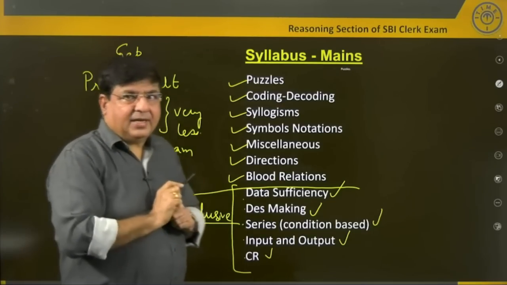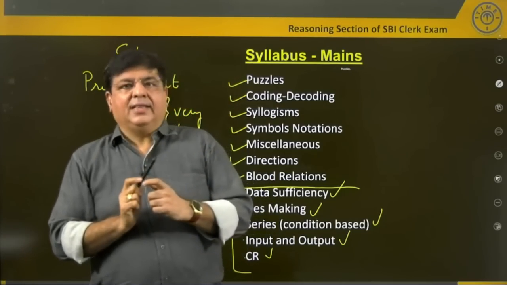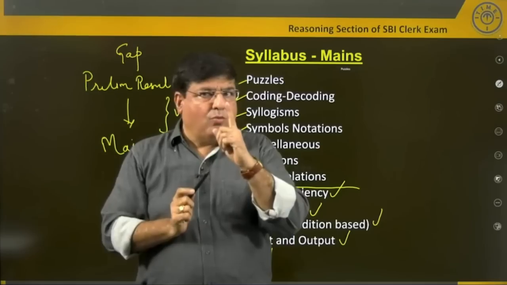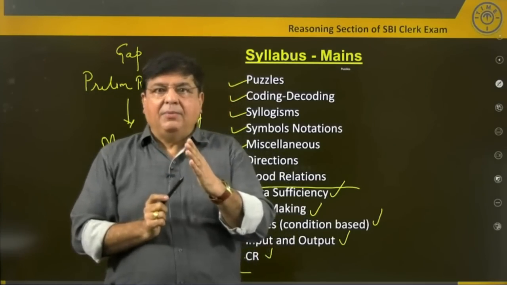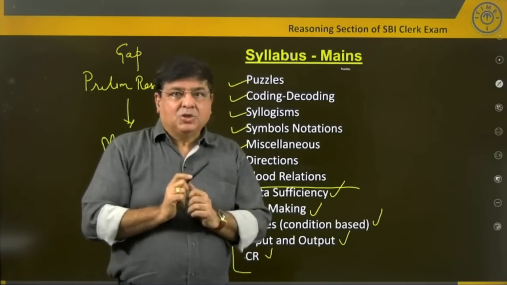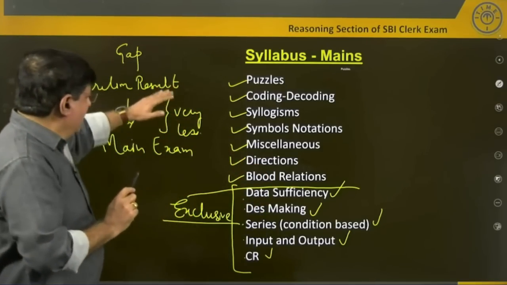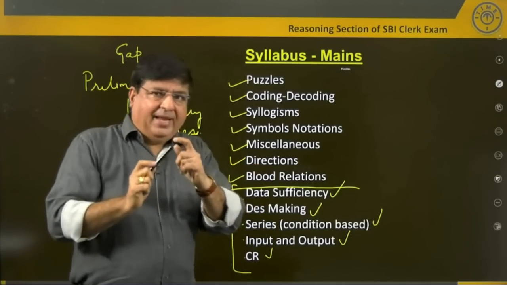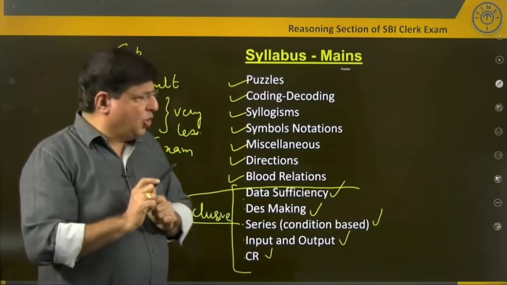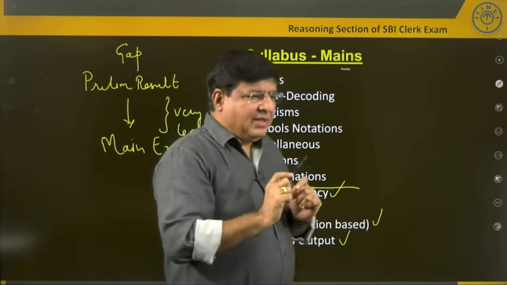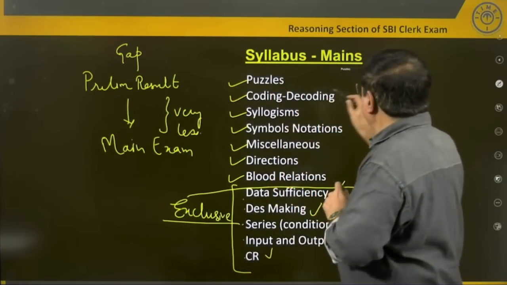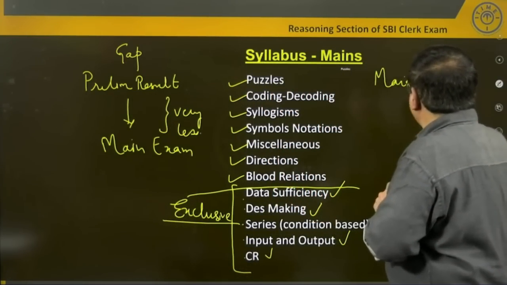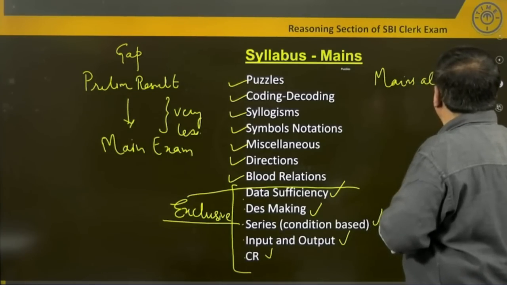In the recently conducted IBPS PO exam, the prelim result was announced exactly 1 week before the IBPS main exam scheduled date. So within that short duration, it will be difficult to prepare for mains after we clear the prelims. So it is strongly recommended that our preparation for mains should happen along with prelims.